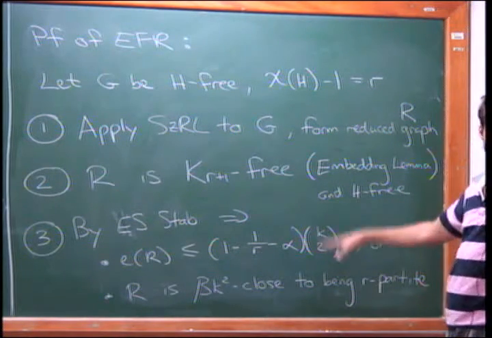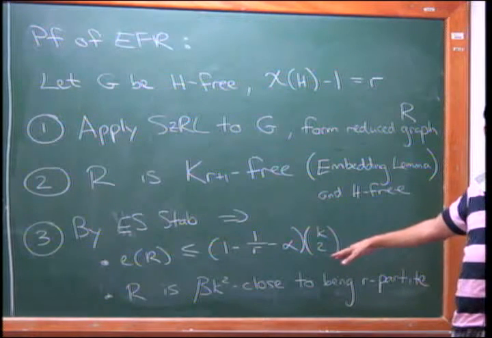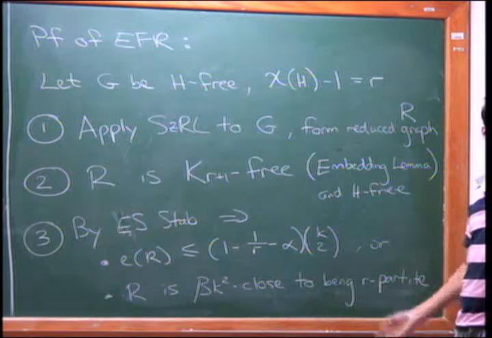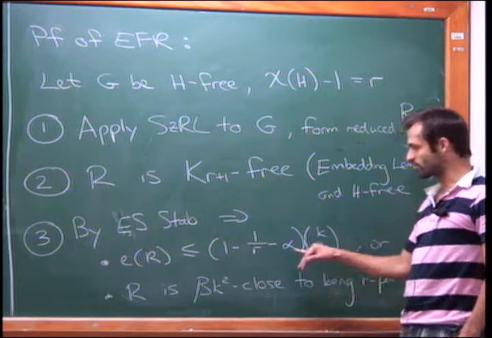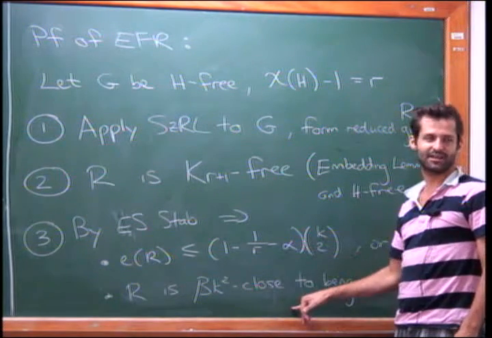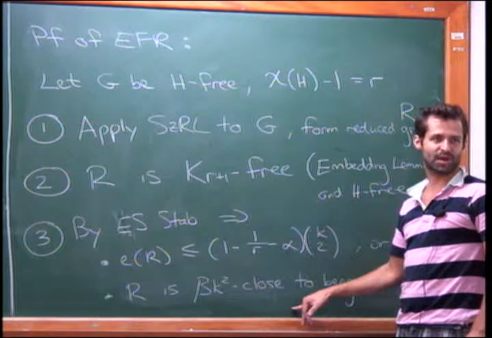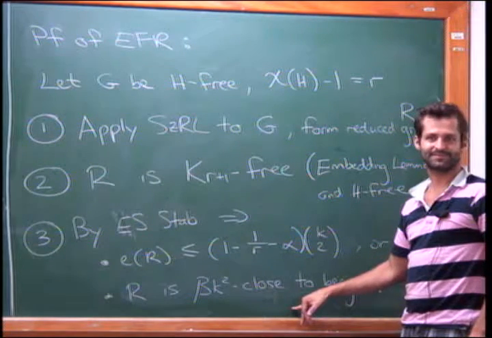So this is the stability method. And now we're essentially done. All we have to do is count the number of graphs in this case and the number of graphs in this case, and both times they'll be small.